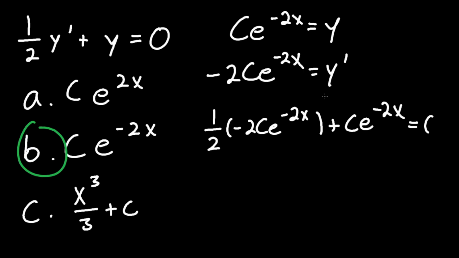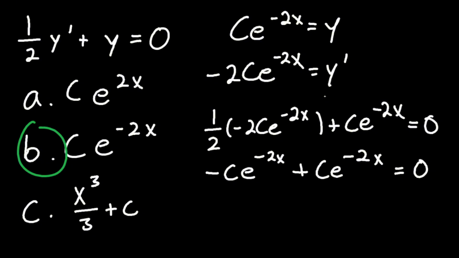And this should be equal to 0. If we distribute the 1/2 into here, we should get negative c e to the negative 2x plus c e to the negative 2x. Keep in mind, these two exponentials have the same power, so we can add and subtract them together.